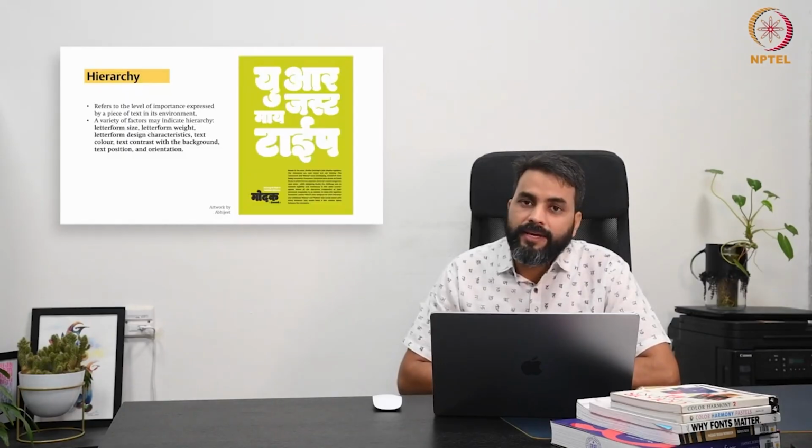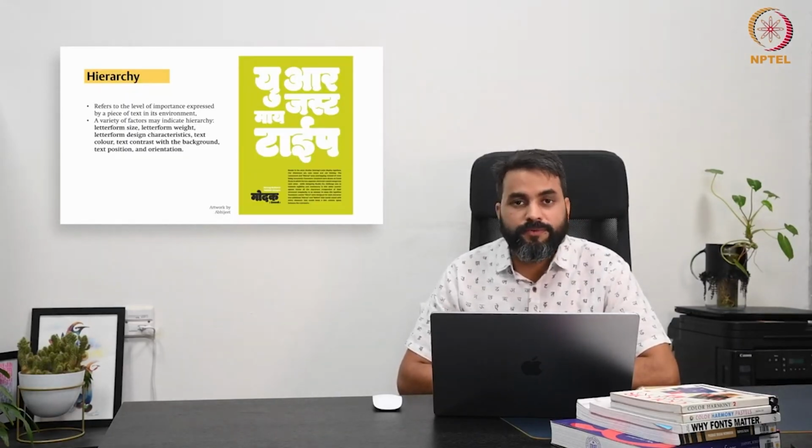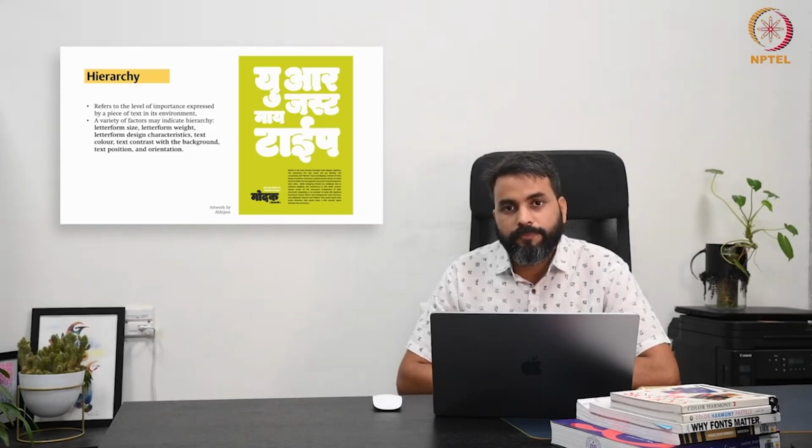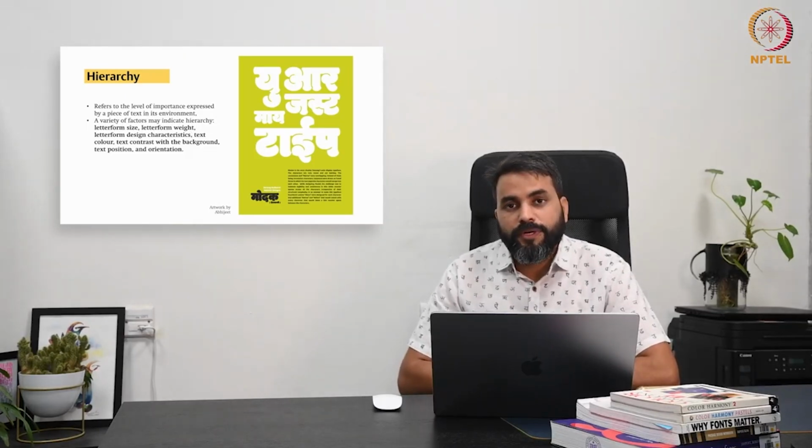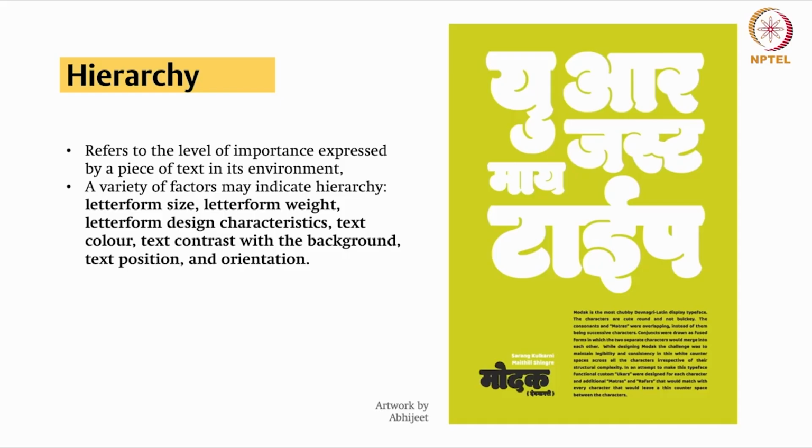We have covered hierarchy as a design principle in Module 3 when Professor Saurav was talking about different design principles. So concerning typography, hierarchy refers to the level of importance expressed by a piece of text in an environment, right?